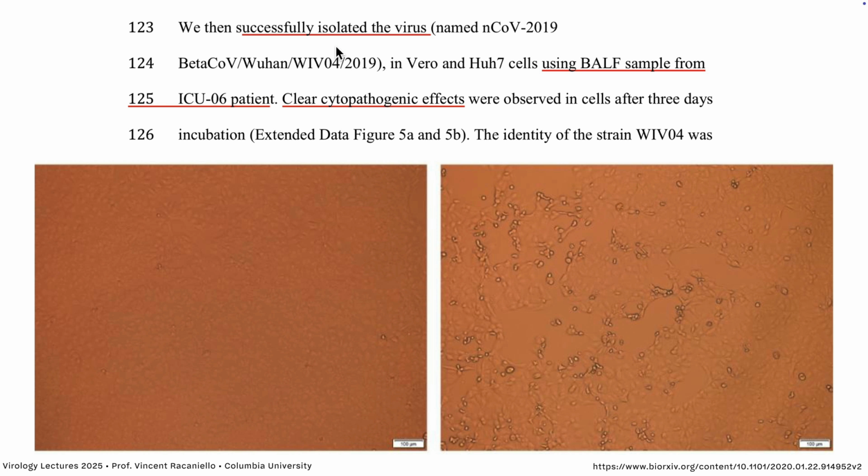So they took BALF, so they put a little saline down into the bronchial section of the lung from one patient, and they put it on cells in culture, Vero and HUH7 cells. And they say clear CPE was observed in cells after 3 days. And so here on the left are the uninfected cells, and here on the right after 3 days. And you can see clear cytopathic effect.